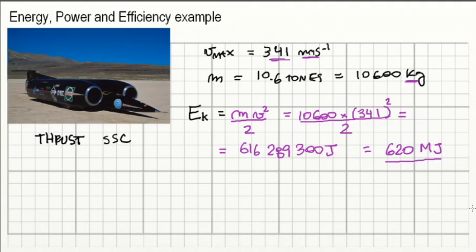Now let's open a small parenthesis here, and let's think about the unit that we got here as joules. So do you remember the equation that we had for work? Work was given as force times distance.